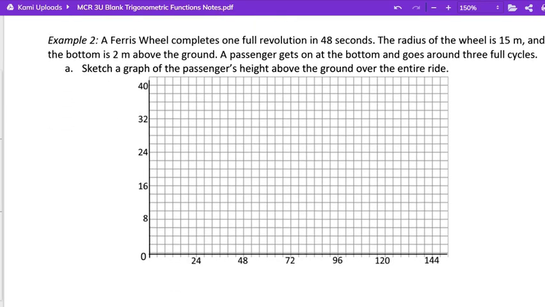All right. I want you to read this question. Read it twice, underline what you're supposed to answer, underline the important information. Make notes.